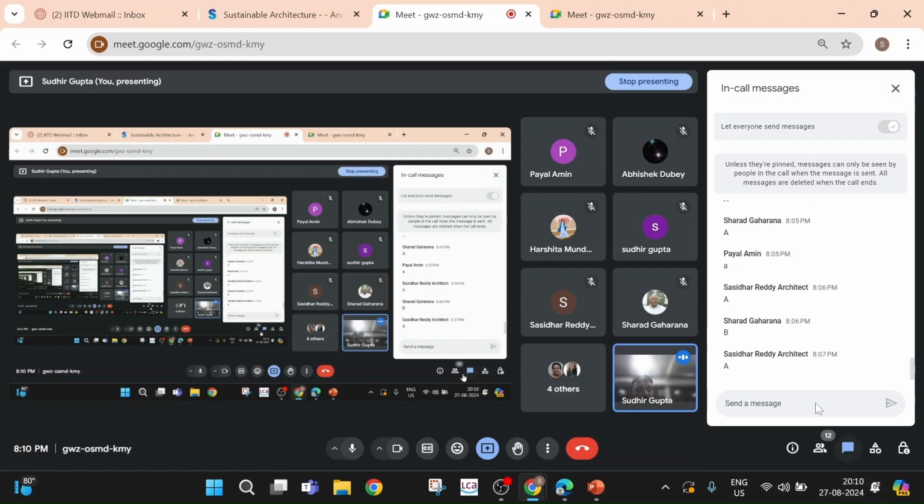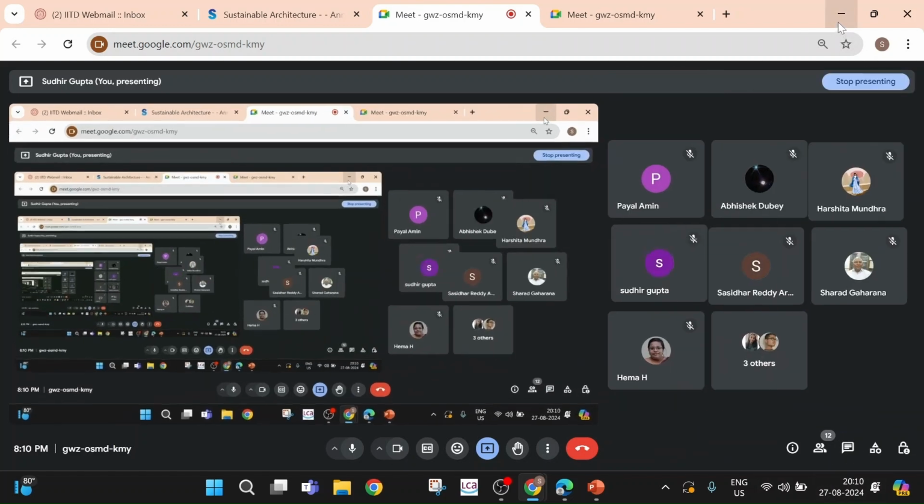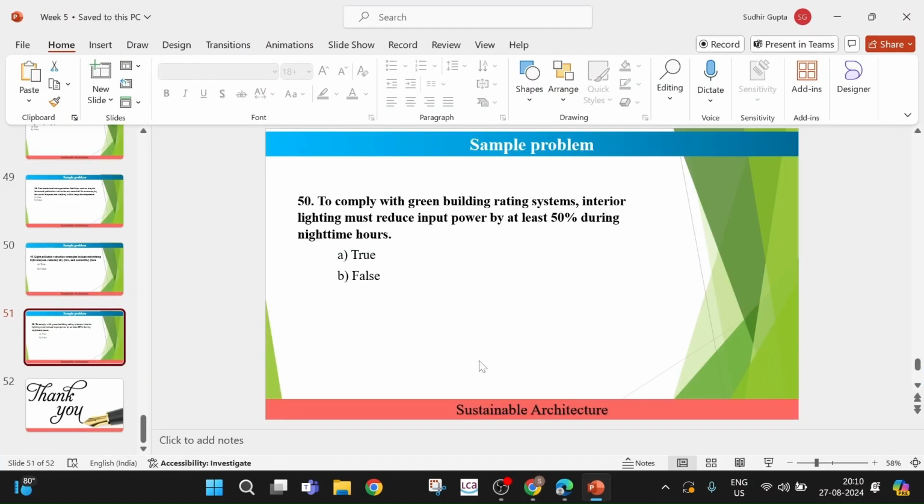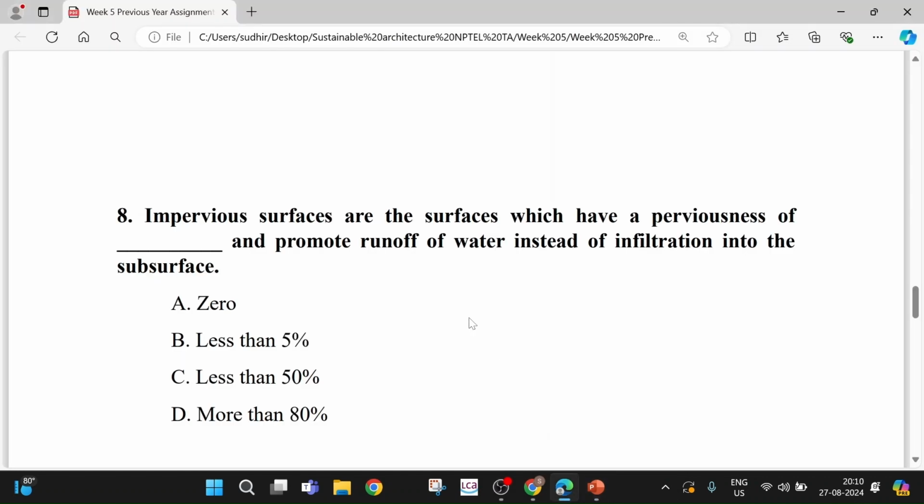So I have received two options. So try to see all the other options. Option A, 0. Now I have received three answers till now. Others also try to give their answers.